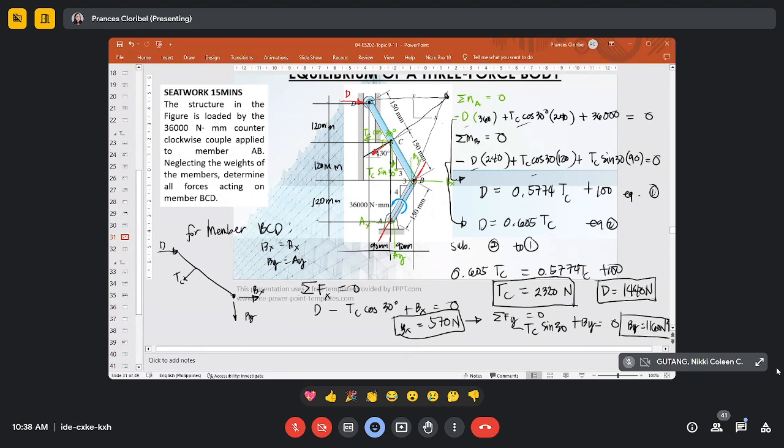So we can get their directions, especially the reaction at B. The angle is 3, 4, 5, so we get the tangent, opposite over adjacent, which is 4/3, and from that we get the angle and the directions. Then we can solve the reaction through the applied couple.